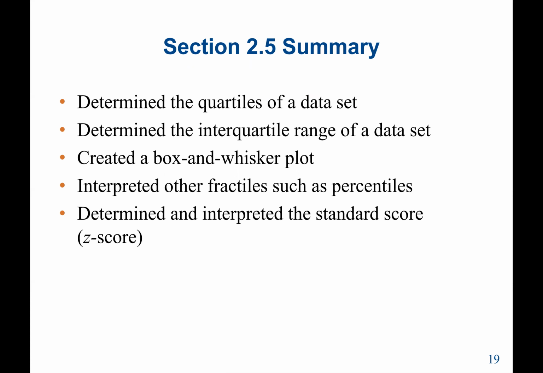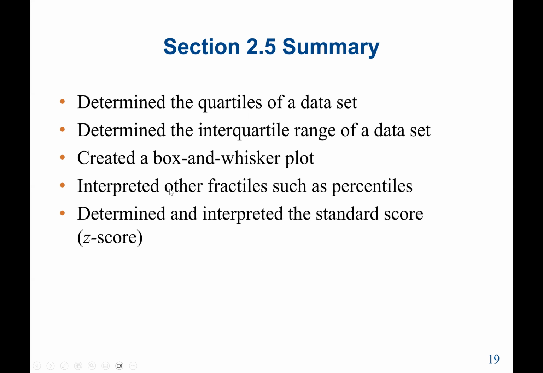We go to the lower half to the left of Q2 and find the center, and we get Q1. We go to the right side, the upper half, find the center value, and that will give us Q3. Normally, Q3 means 75% of the values are equal to or less than the Q3 value.